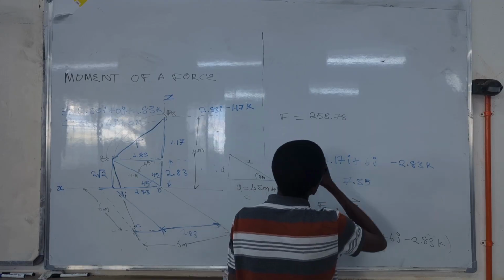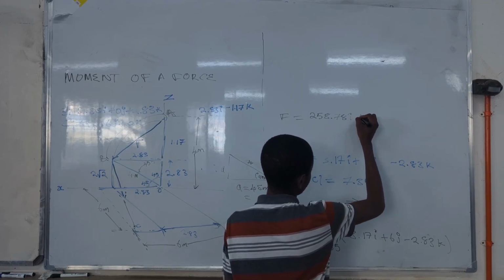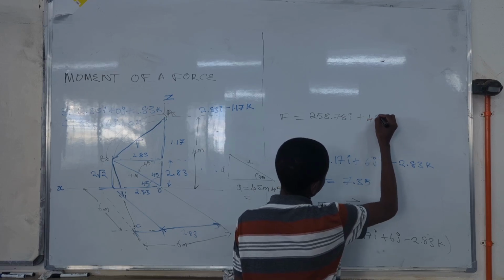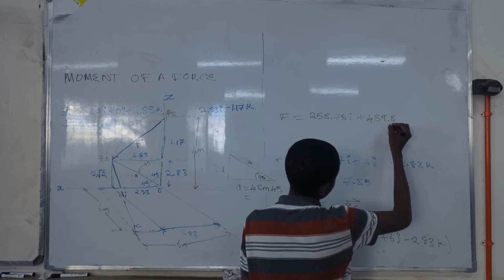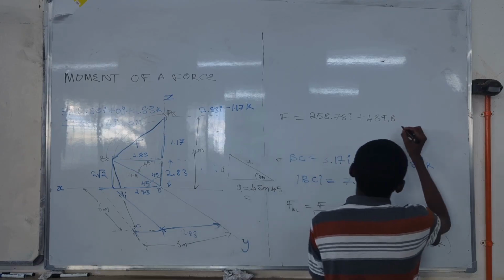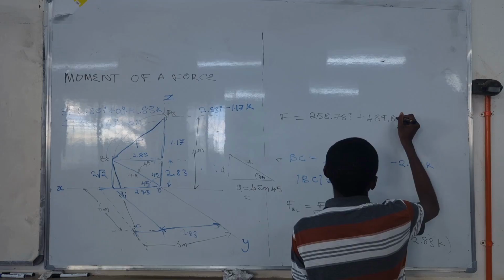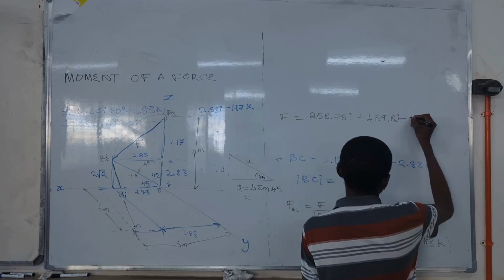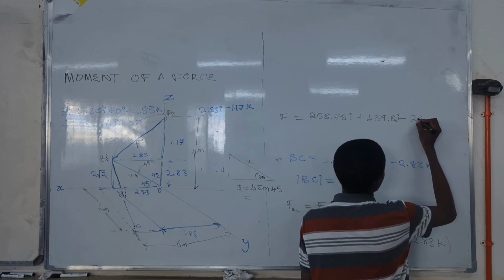0.78 plus 489.8. Okay, is it minus? Minus 231 point what?